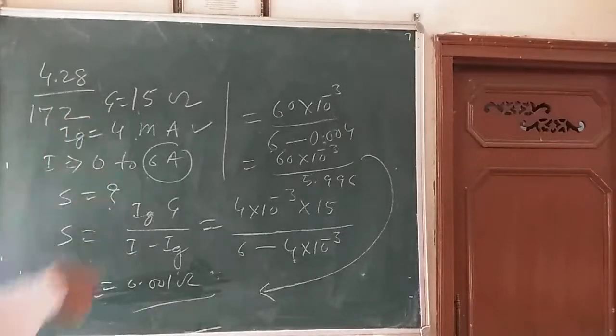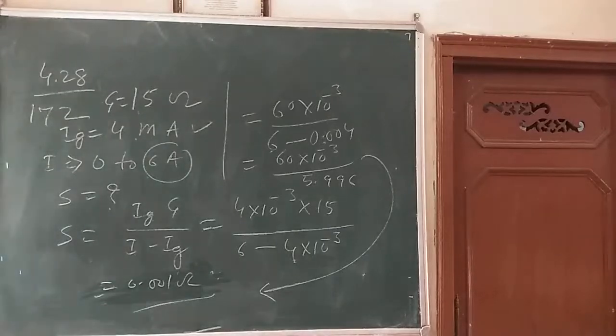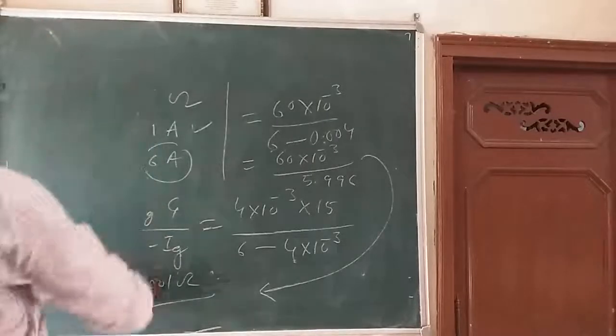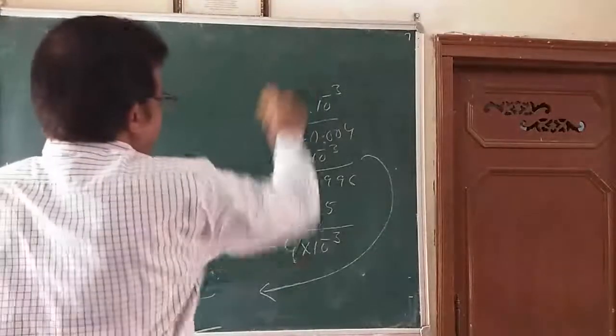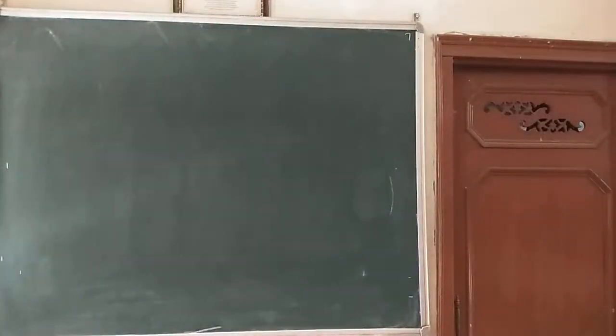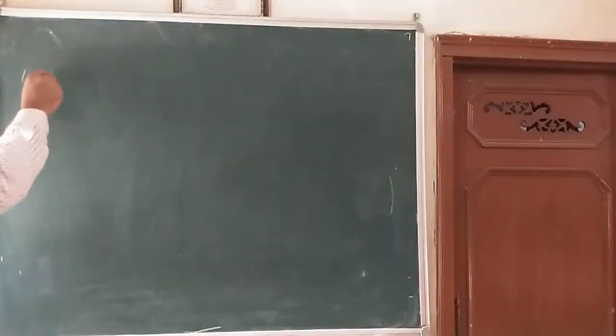Now write down. Last question we are doing here. I want to solve one more question. Earlier I told you that this is the last. No. Now here is the last. See the question number 4.22.